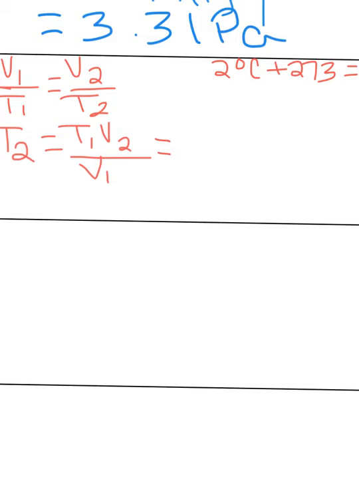So T1, 275 Kelvin. V2, 1 times 10 to the second feet cubed.